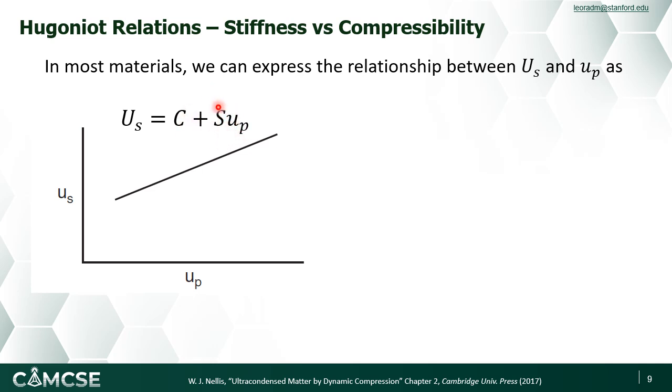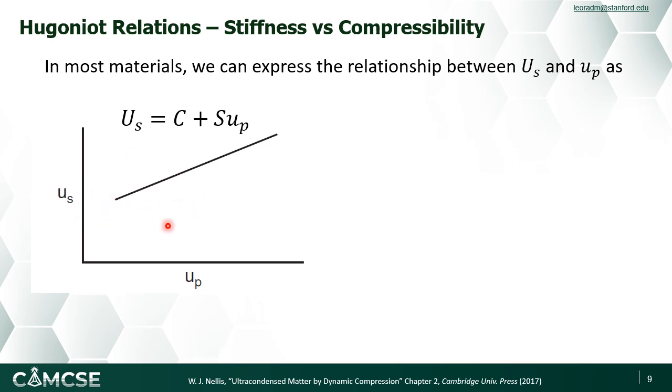Unfortunately for our notation here, this S is not the entropy, but instead is a coefficient that we'll discuss in a little bit that's related to the isentropic bulk modulus at ambient conditions. This C here is related to the speed of sound in this material, also under ambient conditions.